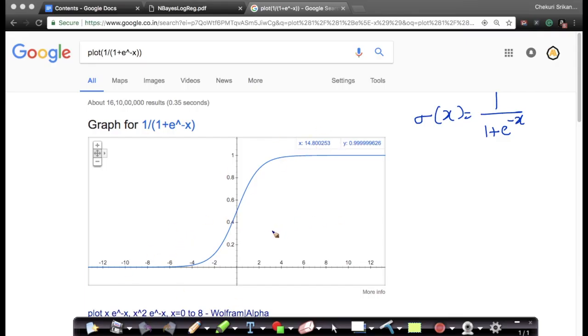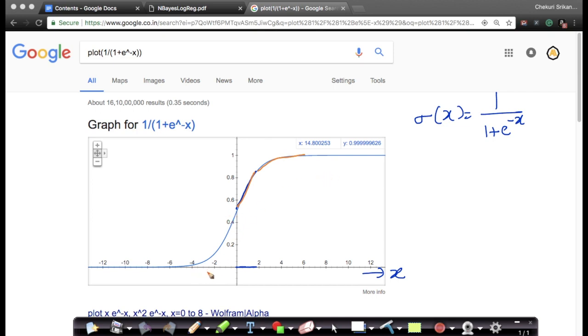How does this function work? If this is my x, let's assume when x is small, this is almost linear. This is behaving like a linear function. But once x increases a lot, it will taper off as we want.